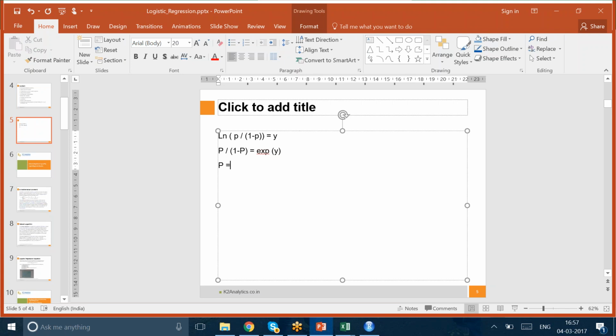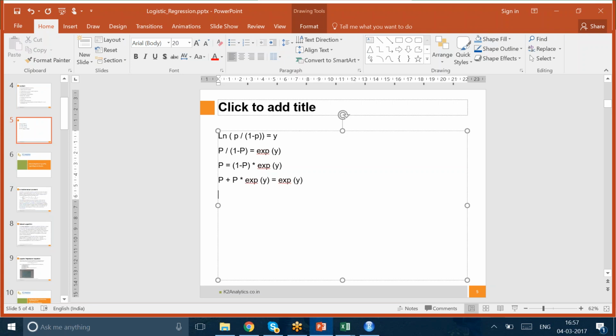P is equal to 1 minus p multiply exponential y. If I move minus p, which is on the right hand side, to the left hand side, what will happen? P plus p multiply exponential of y is equal to exponential of y.